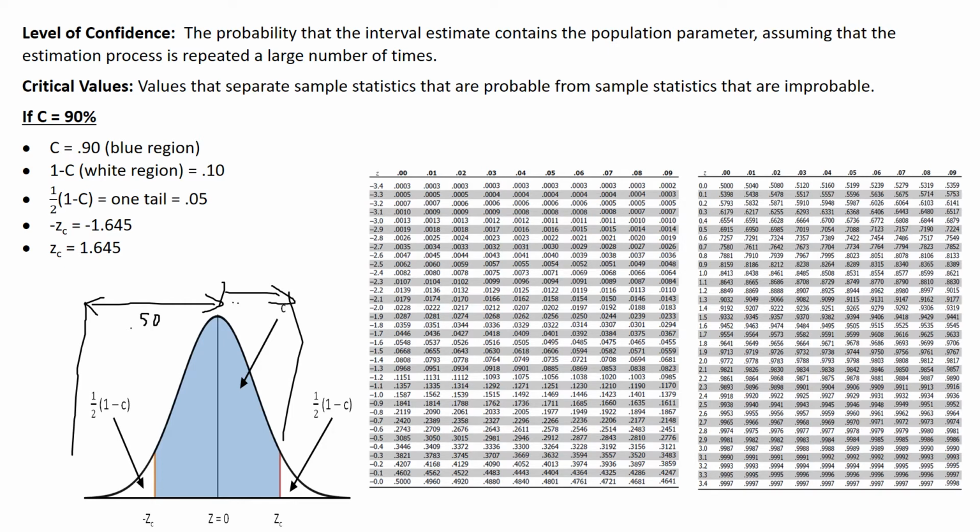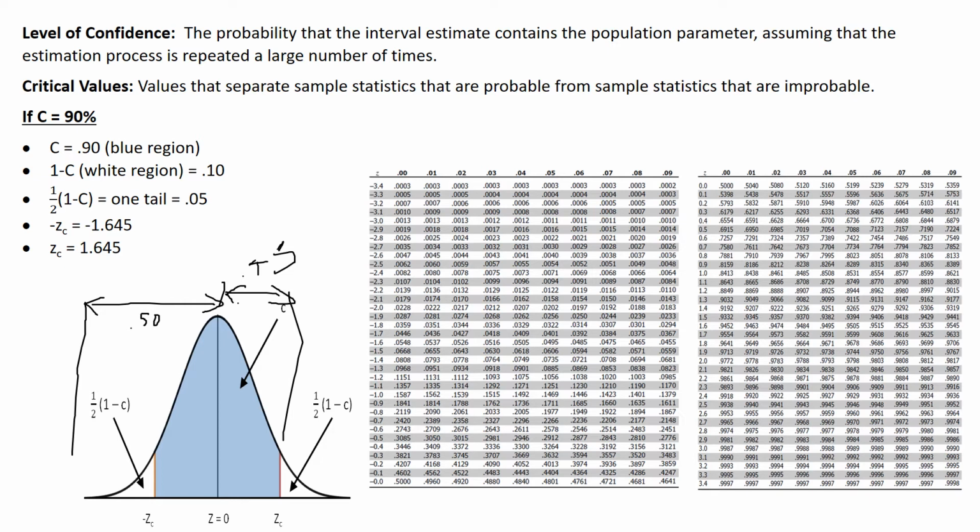And we already said this is 5% each side. So 50% minus 5% would be 45%, or 0.45.